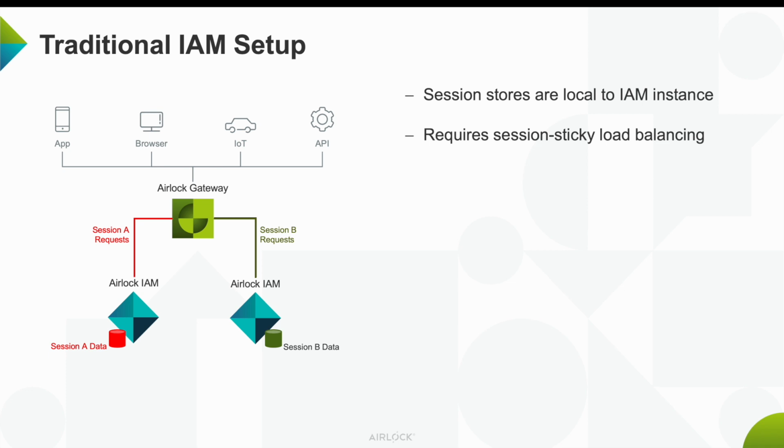So every request to session A needs to go the left way, and every request on session B needs to go the right way, because the left IAM knows nothing about the session data in the right IAM. So although we have some features like session tickets, inside a session you don't really have high availability. If one IAM goes down, session information is basically lost.